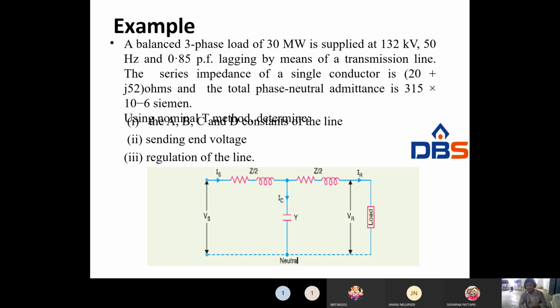The series impedance is 20 plus j52 ohms and the phase to neutral admittance Y is 315 into 10 power minus 6 Siemens.